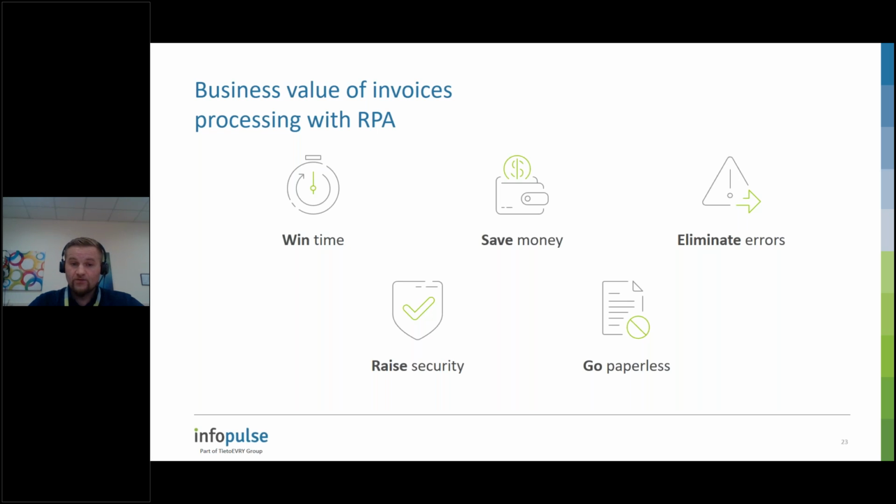Also, we will raise security, because the robot performs rule-based actions and is monitored every time by a special person or even a business representative. And also all the documents that we use in those processes will be in electronic form, so we go paperless.